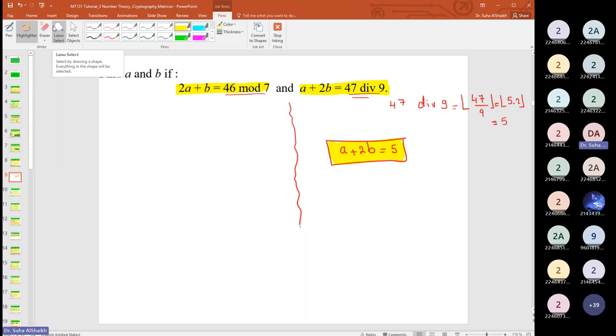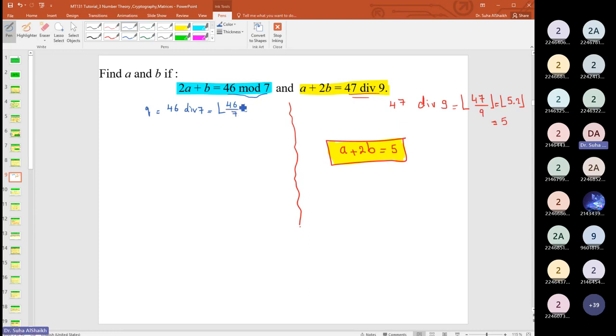We come to the other hand side here. I'm going to highlight it in blue in this case. I will need to find 46 mod 7. To get the mod I need to have the div first, right? So I will find the Q, which is 46 div 7. 46 div 7 is the floor of 46 over 7.